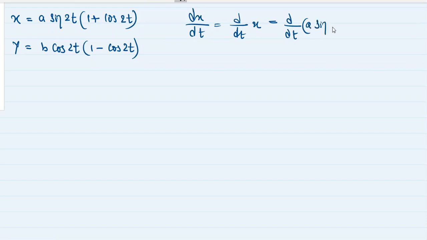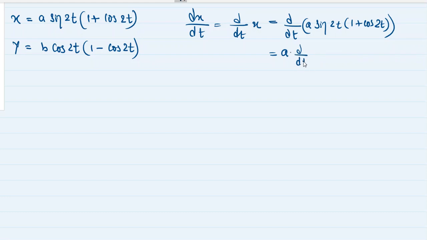which is d by dt of a sine 2t bracket 1 plus cos 2t. Okay, so let's take out a outside.